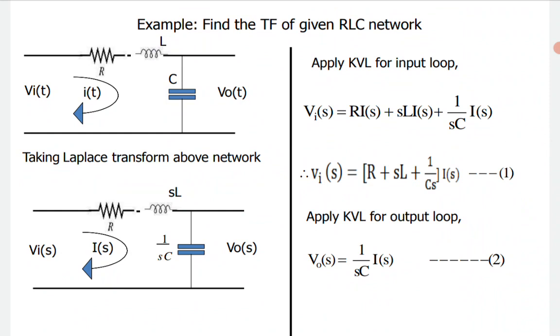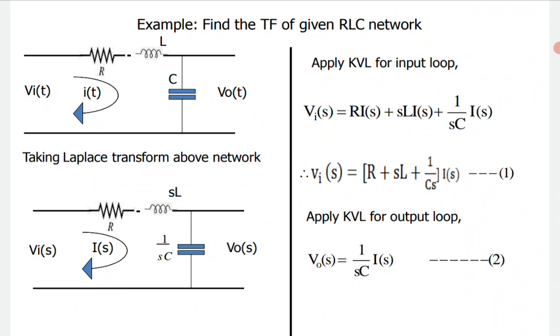Vi(t) is my input voltage, V0(t) is my output voltage, and i(t) is the respective current. We wish to determine V0(s)/Vi(s) equal to what? The passive parameters should be converted into the Laplace domain, and then we can redraw the circuit in terms of the Laplace domain.